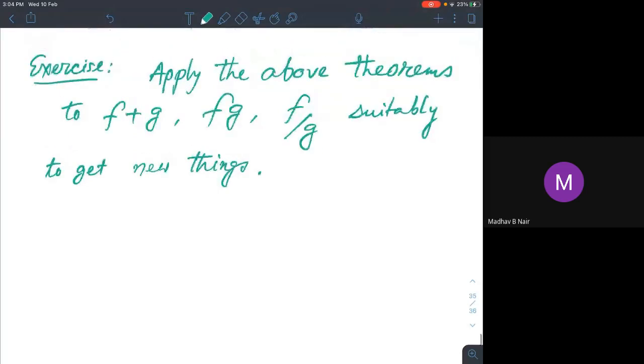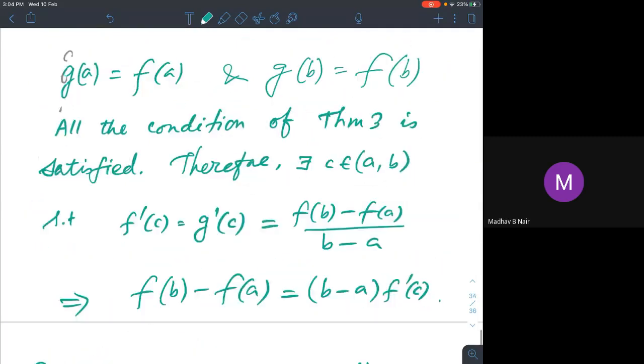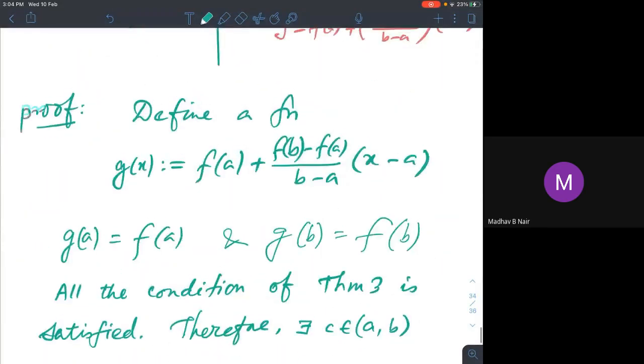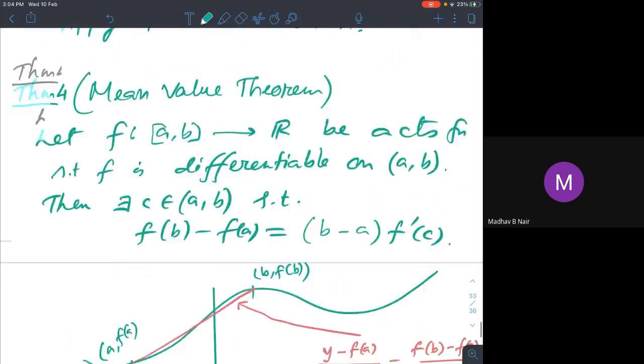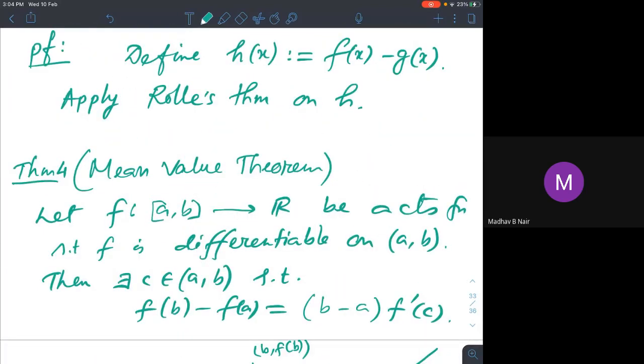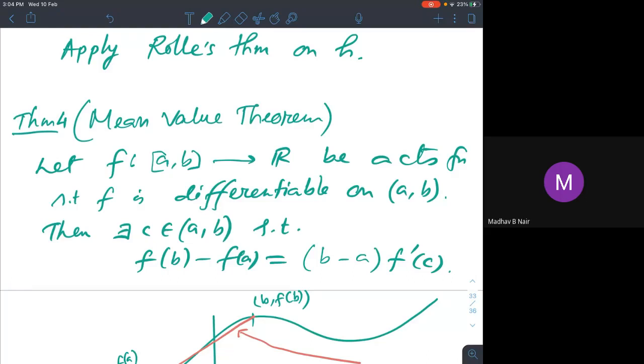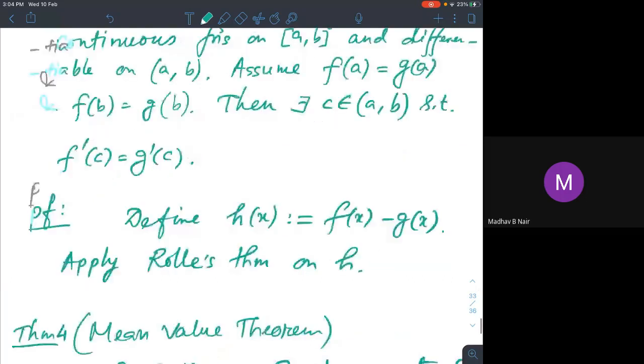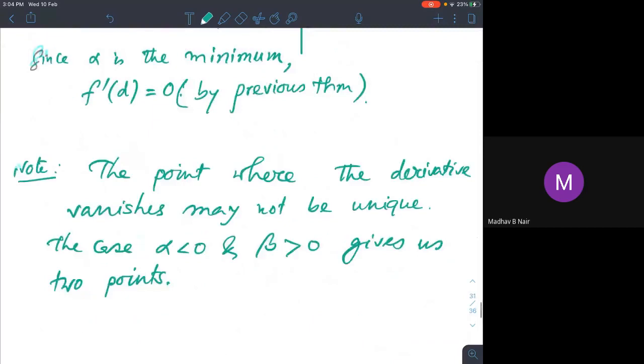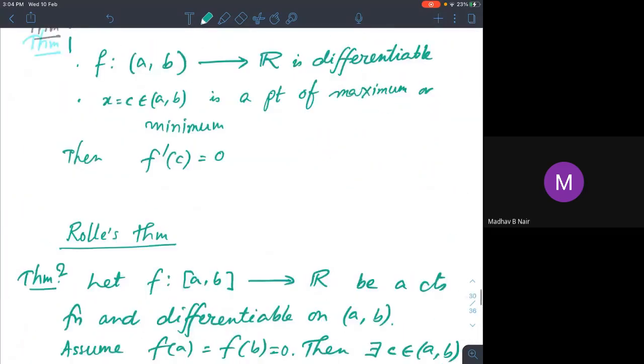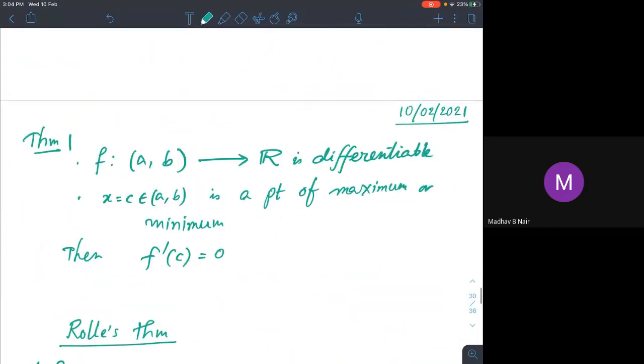New things is: instead of applying these theorems on one function, you apply them on two functions, and you will get some things in terms of f plus g. For example, suppose f and g are differentiable, so f plus g is also differentiable.